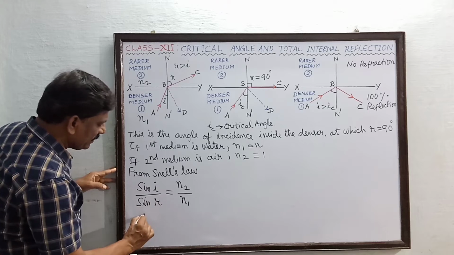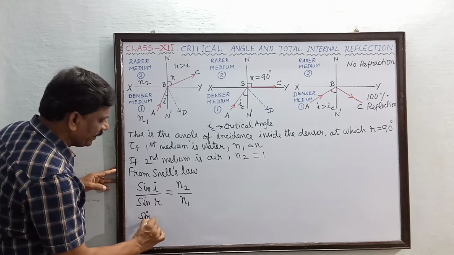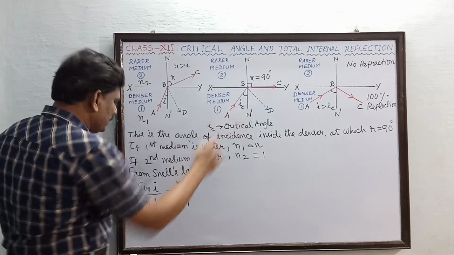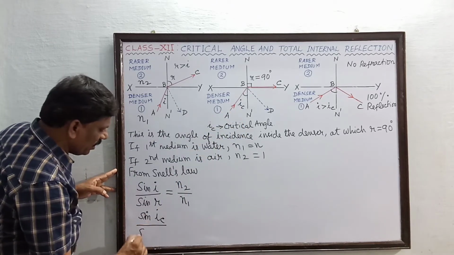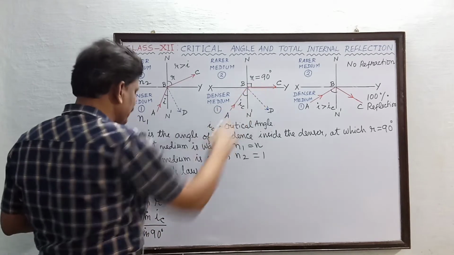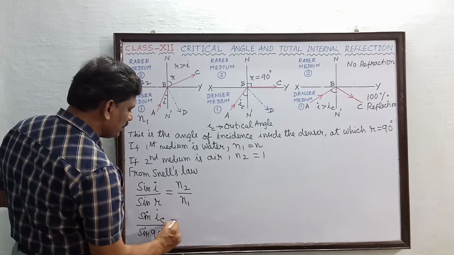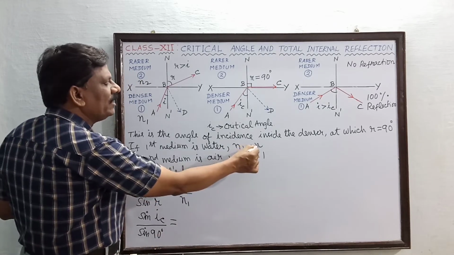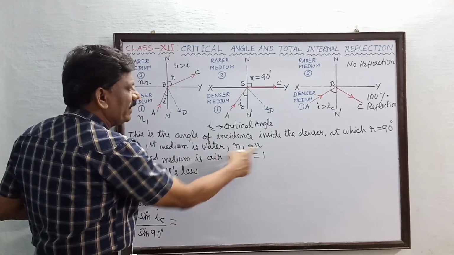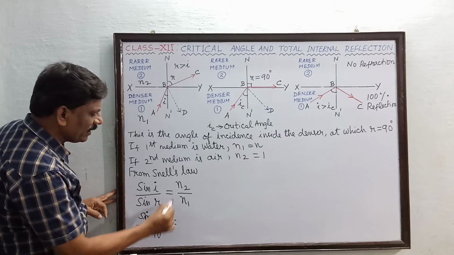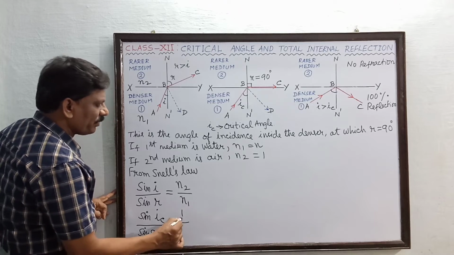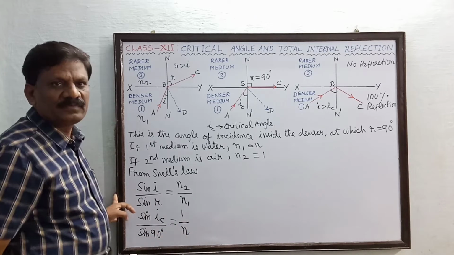So I will write sine of the angle of incidence, the critical angle IC, divided by sine of the angle of refraction corresponding to the critical angle, 90 degrees. I have substituted. And this is equal to, instead of N2, I substitute 1, and instead of N1 it is N. So this is 1 divided by N. Very simple.